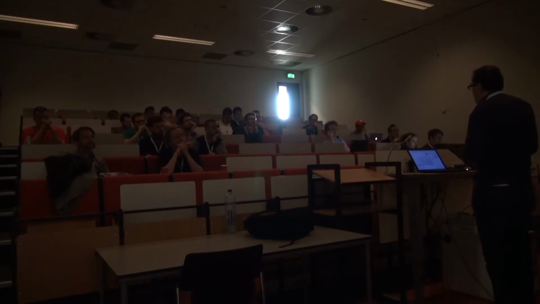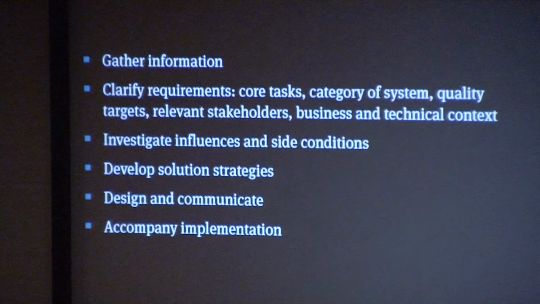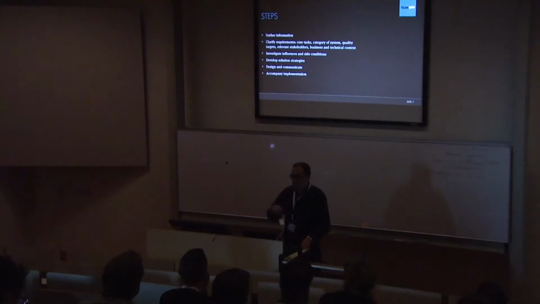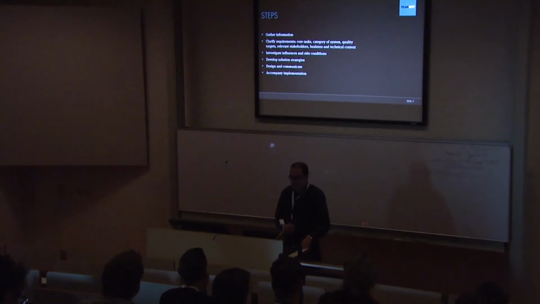Then you have to identify and write down the quality targets, the relevant stakeholders, and the business and the technical context. Then you also investigate what other influences and side conditions might have effects on the system.